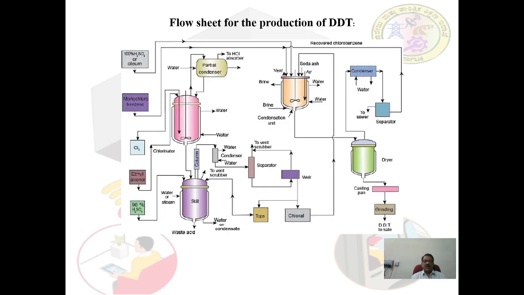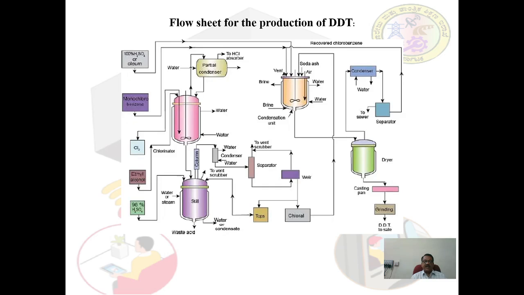The chloral hydrate thus formed is taken out from the bottom of the chlorinator to a still where it decomposes to chloral.